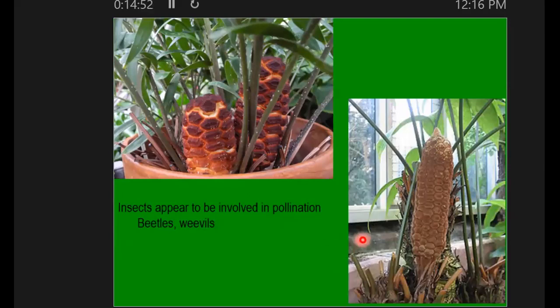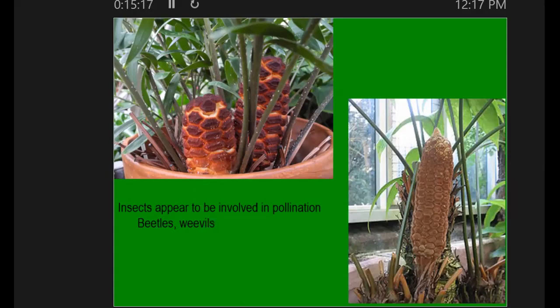The male cone is larger, so that's the right picture. The male cone is usually taller. Female cones are on the left here. Female cones tend to be wider, but squatter, shorter. And if you weigh them, the male cone outweighs the female. So that's an exception. For all the other gymnosperms, it's the opposite. The female cone is bigger and weighs more.